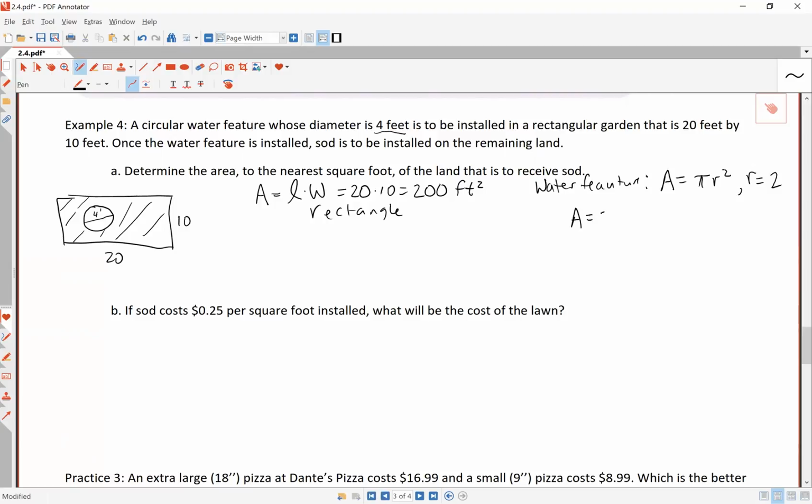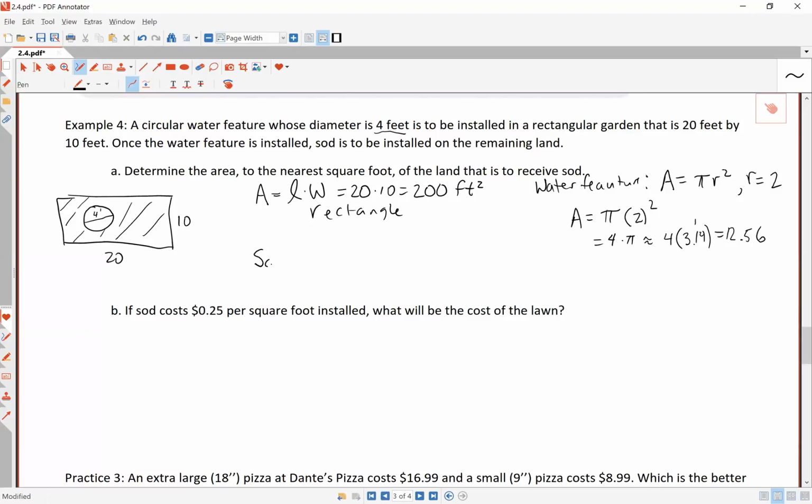So the water feature has an area of pi times the radius squared, or 4 times pi. If we use 3.14 for pi, 4 times that is going to be 12.56.